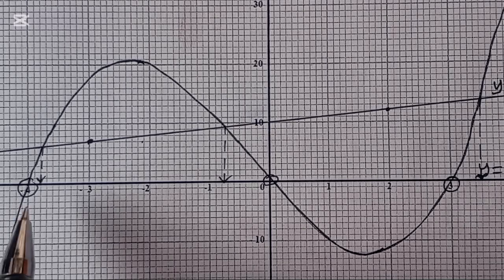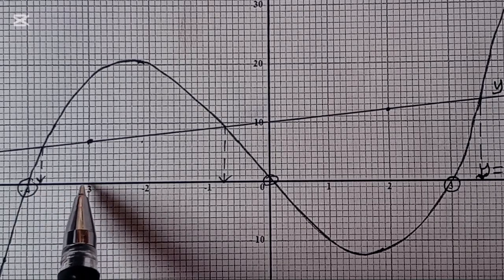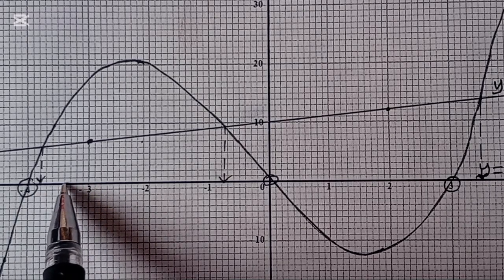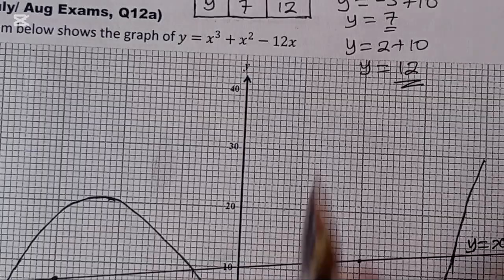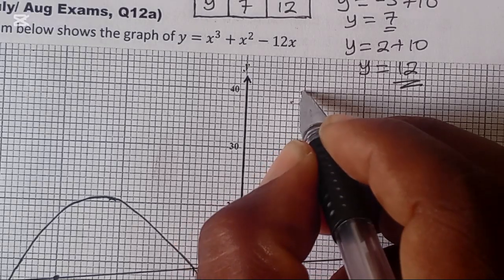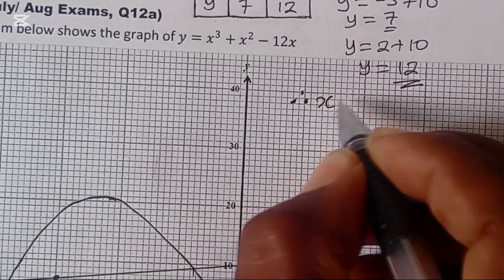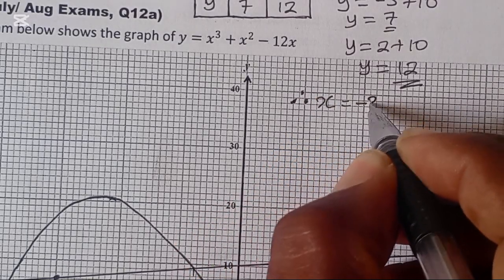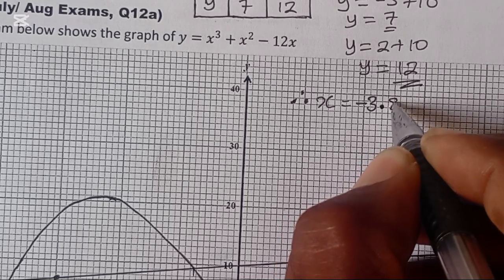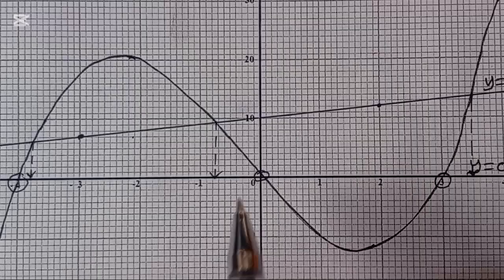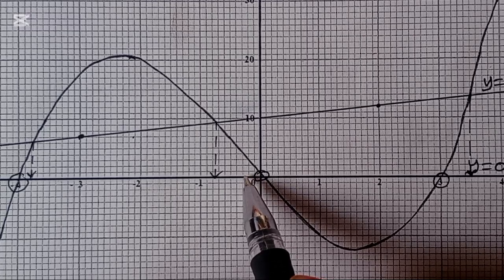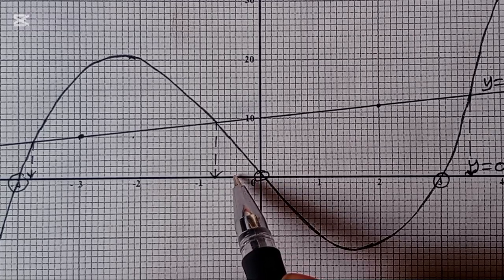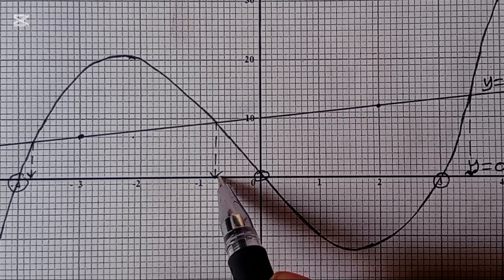So we start from here. This is negative 3, 0.1, 0.2, 0.3, 0.4, 0.5, 0.6, 0.7, 0.8. So negative 3.8. So we'll say therefore x is equal to negative 3.8, or this is 0, so negative 0.1, negative 0.2, negative 0.3, 0.4, 0.5, 0.6, 0.7.